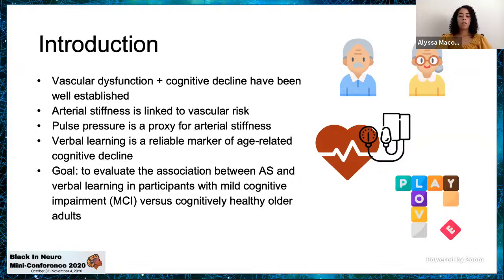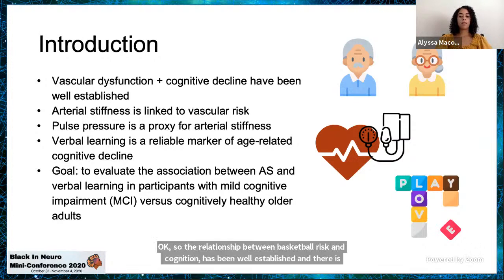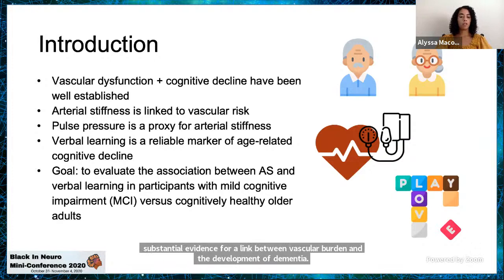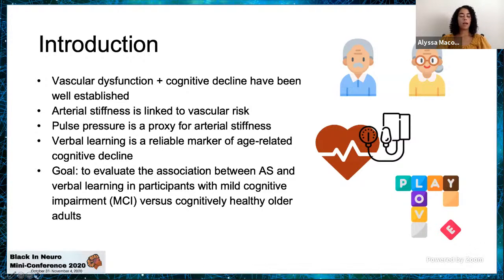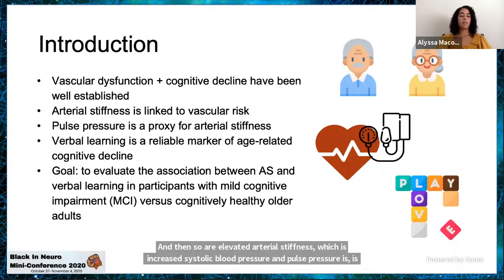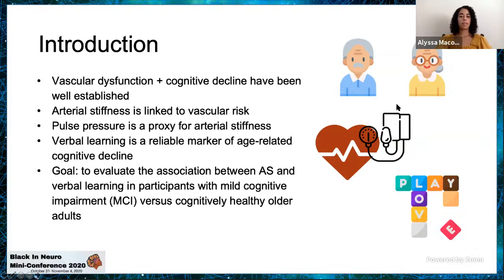And so pulse pressure is looked at to be a risk factor for the development of cognitive and functional impairments. And verbal learning has been observed as a reliable neuropsych marker of cognitive decline in early AD, along with preclinical Alzheimer's disease. And there has been limited research to evaluate the association between arterial stiffness and verbal learning in participants, specifically with mild cognitive impairment versus healthy controls. Next slide, please.